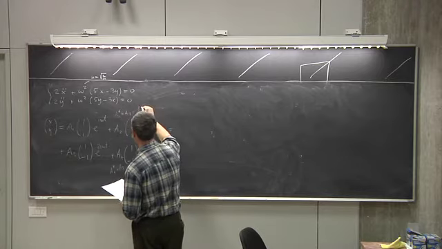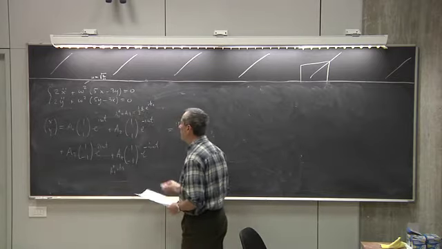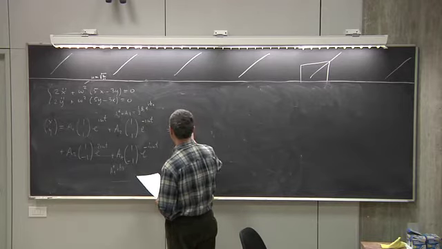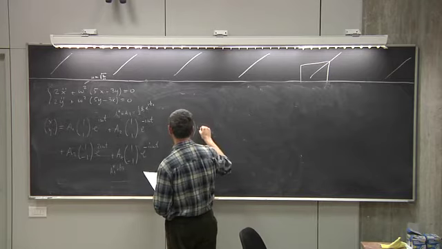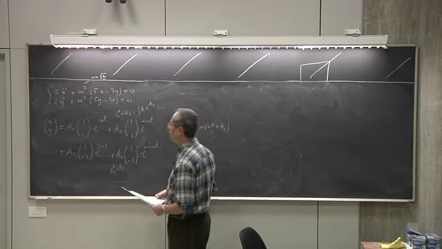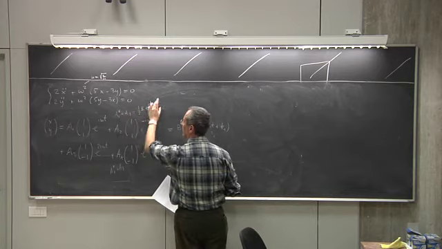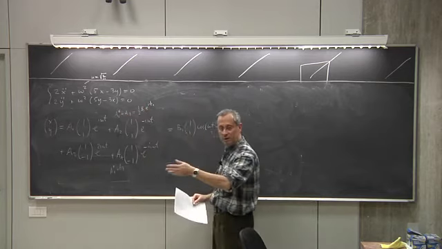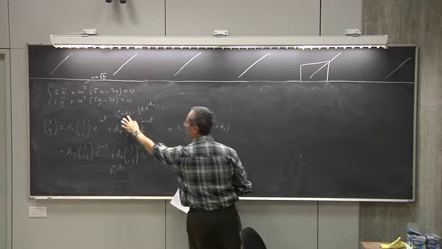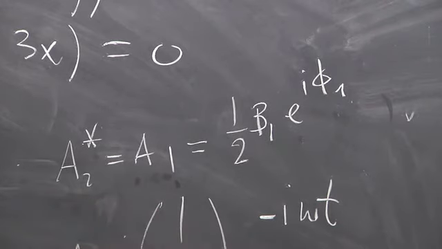It's a complex number that I can call now B1 e to the i phi 1, right? If I give this name, then these two combine nicely in a B1 cosine of omega t plus this phase that I introduced. So this is a complex number in general that I write in this form by using the polar representation. And because of this requirement that this is equal to the conjugate of that, I can write it as a cosine.